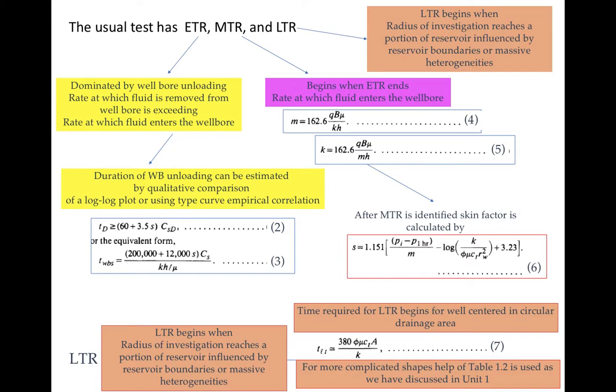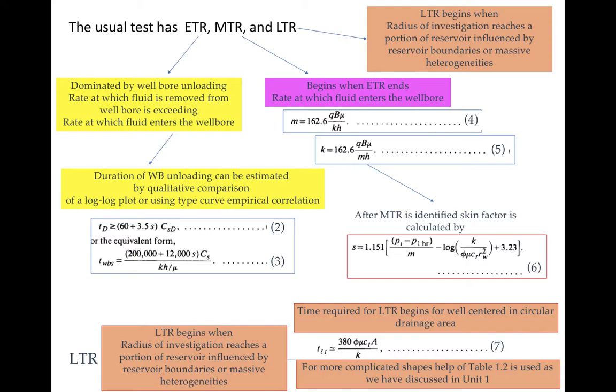We have different types of type curves and these are very well utilized for estimating the wellbore domination effect and the middle time region. Late time region begins when radius of investigation reaches a portion of reservoir influenced by reservoir boundaries or massive heterogeneities.